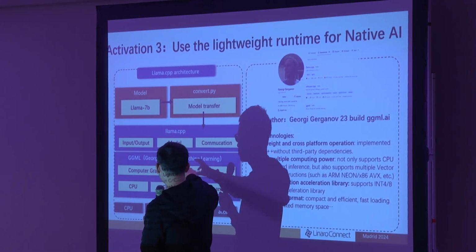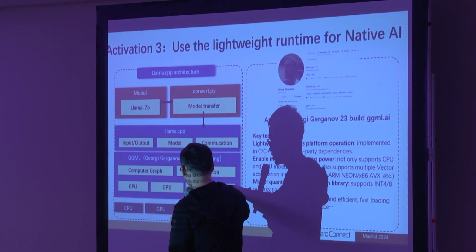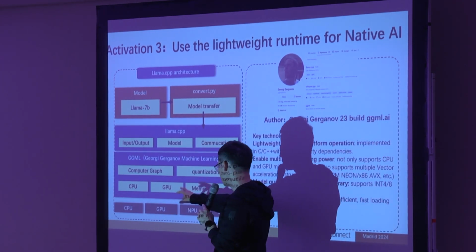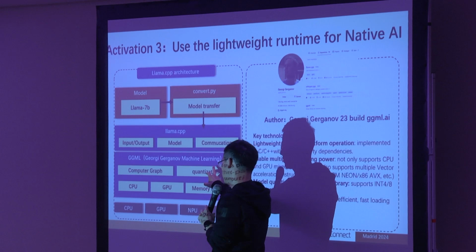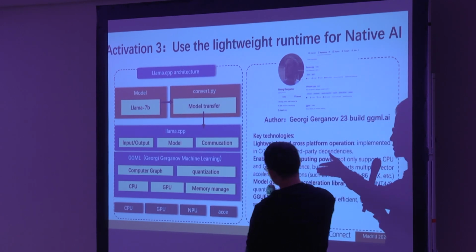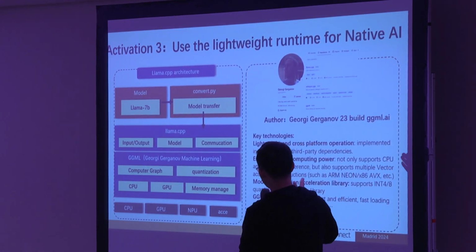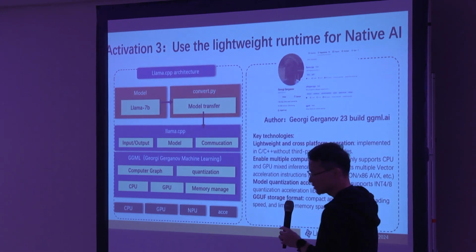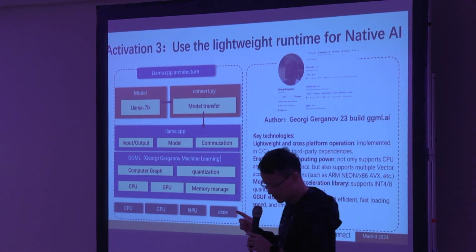GGML is a machine learning runtime. It could accelerate the model, and it has a lot of CPU and GPU kernels, and memory management. So by this architecture, the model will be very lightweight and could be put directly in your smartphone, smart car, and smart PC.